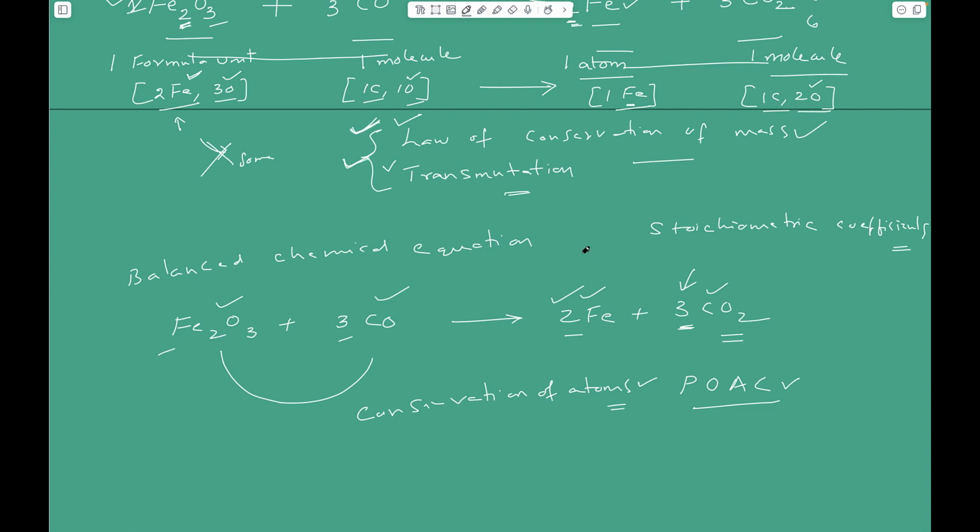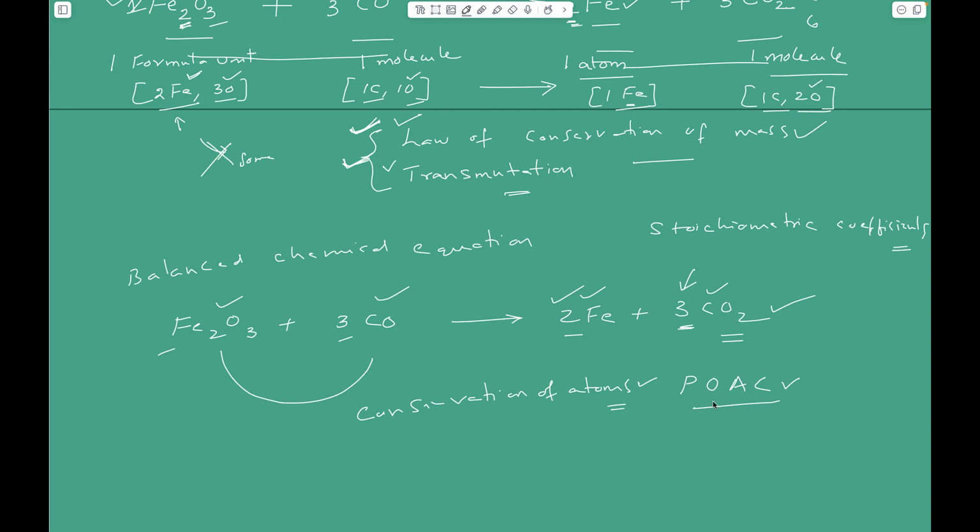So what is balancing of a chemical equation? It is applying these two conditions, that is, the law of conservation of mass and the fact that atoms cannot be transmuted during a chemical reaction. And how do you apply these two conditions to a chemical equation?